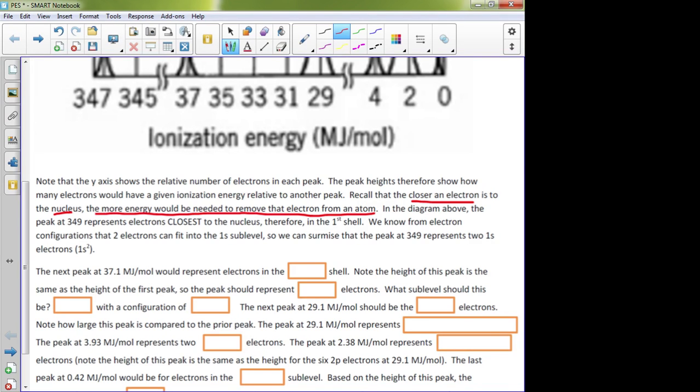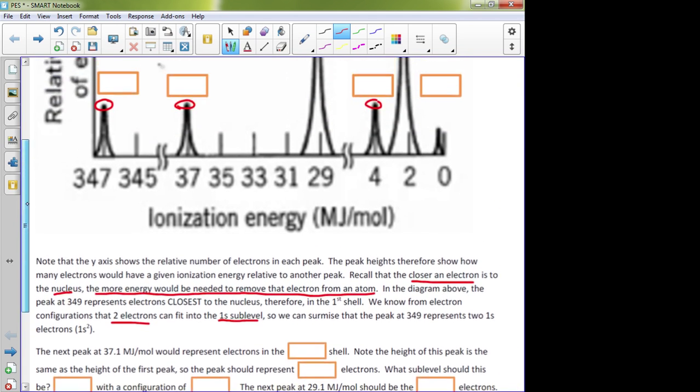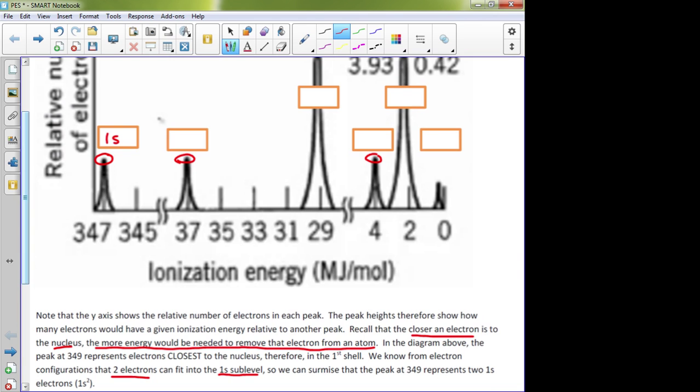Because if we're more attracted to the nucleus, it's going to take more energy to remove, correct? In the first shell, we know from electron configuration that 2 electrons can fit into the 1s sublevel. So we can surmise that the peak at 349 represents 2 1s electrons. So we would say this is the 1s2 sublevel on that first peak. Do we see that?